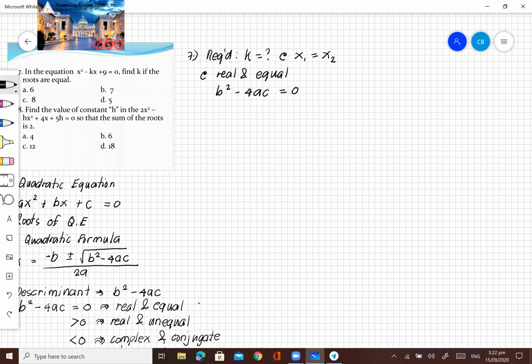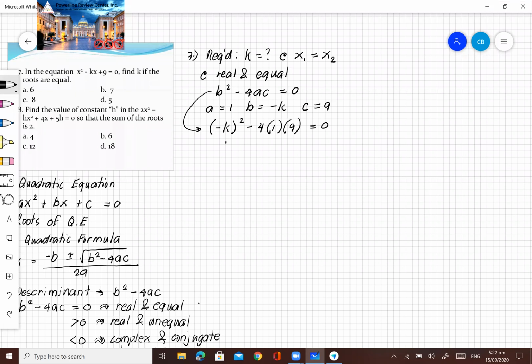If we get the values of the constants from the quadratic equation, a is simply 1, b is simply negative k, and c is simply 9. Substituting into the discriminant, you have negative k squared minus 4 times 1 times 9 equals 0.